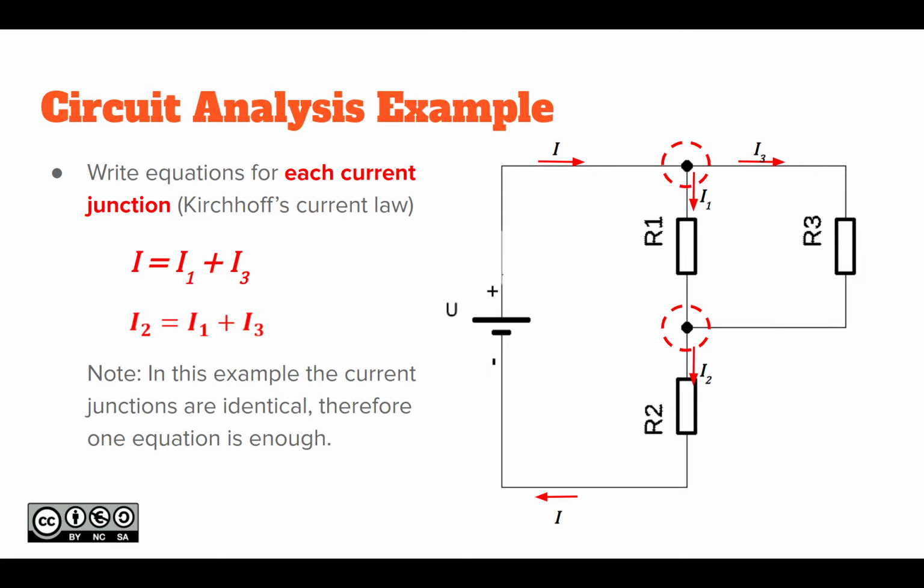In this case, we have two current junctions here, this one and that one. However, we can simplify things a little, since we have this first equation, I equals I1 plus I3. So incoming current I is the same as I1 plus I3.